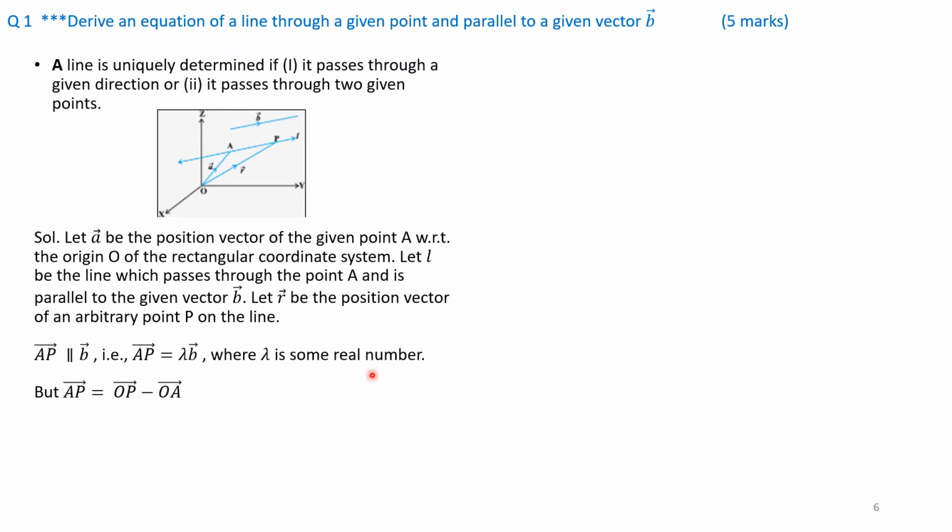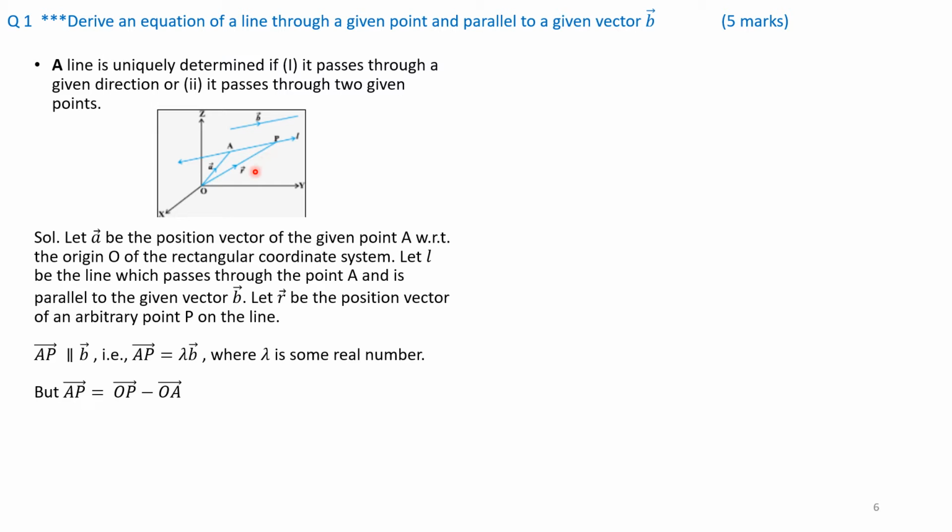From the triangle here, OP is equal to OA plus AP. Therefore, AP is equal to OP minus OA.